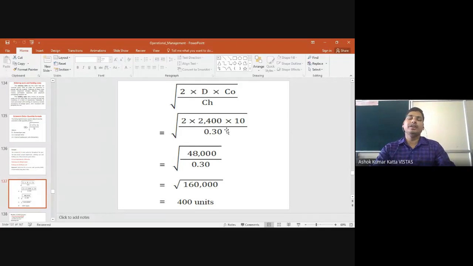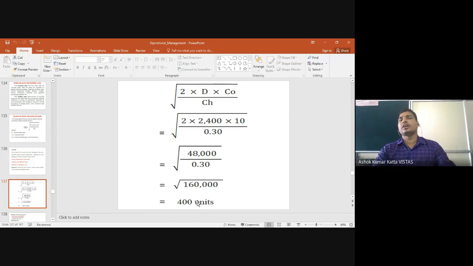Now we need to calculate 2,400 multiplied by 2, that is 4,800. 4,800 multiplied by 10, 48,000. That is what we have written here. 48,000 by 0.30 will come to 160,000. So 160,000 we are taking as a root.